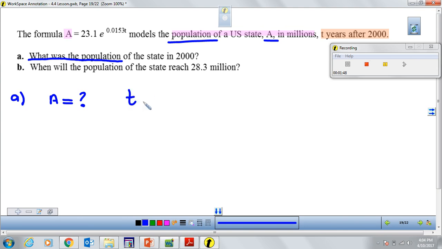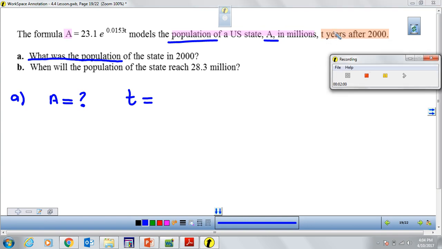They're giving you that the T stands for years after 2000. The time is not going to be the number 2000, because on the last sentence of the problem it says T years after 2000, a number of years after the year 2000.